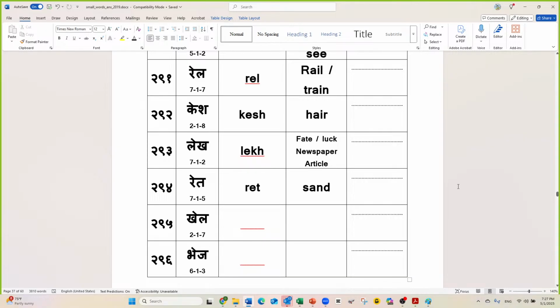Anisha, give me the next word. Khel. Khel means a game or to play. A game or to play. Okay, Kavina, give me the next word. Bhej. Bhej is to send.